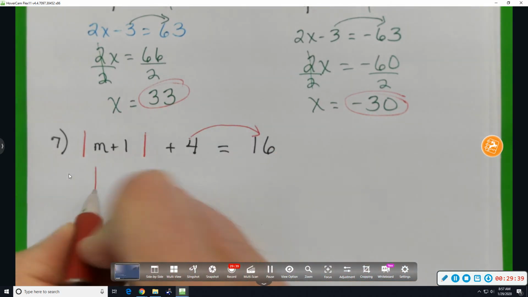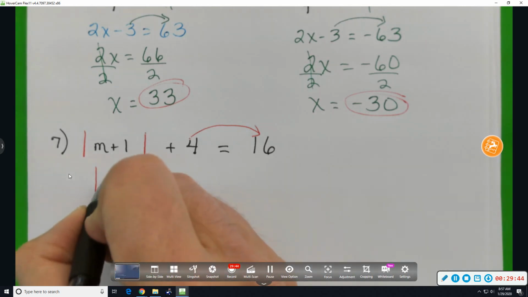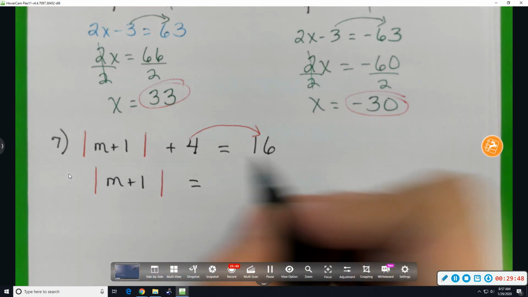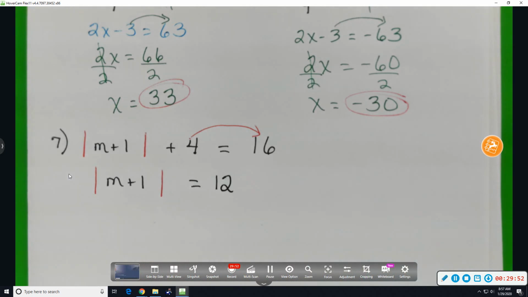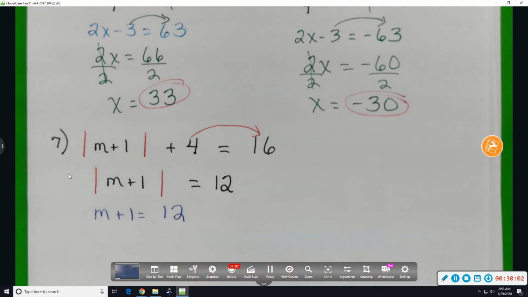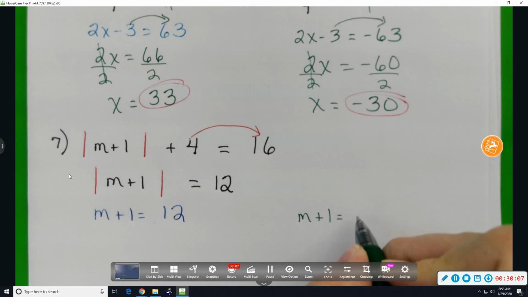So here's the actual equation we're going to be solving. Absolute value of m plus 1 equals, is that going to be a 12? Now, are we ready to go equal positive, equal negative? Yeah. So we'll say m plus 1 equals positive 12, and m plus 1 equals negative 12.